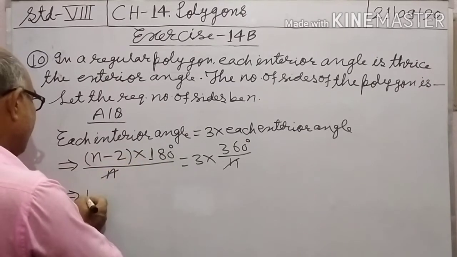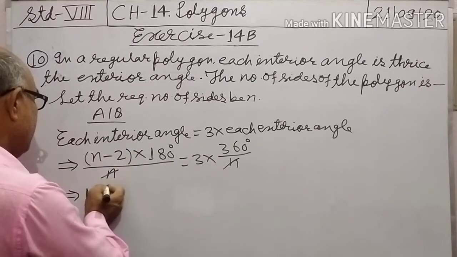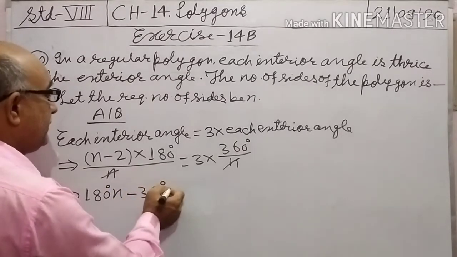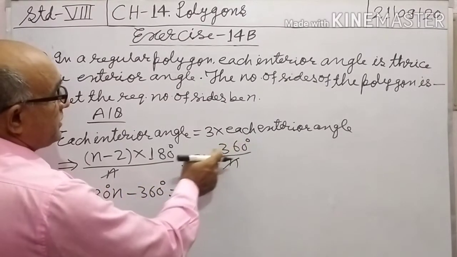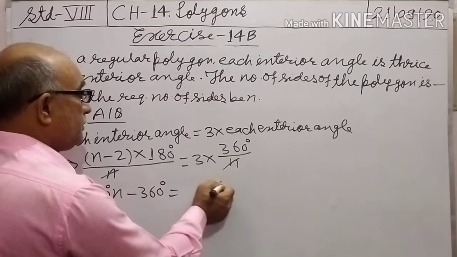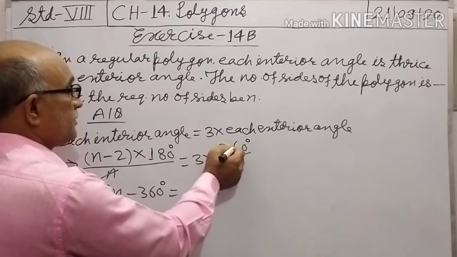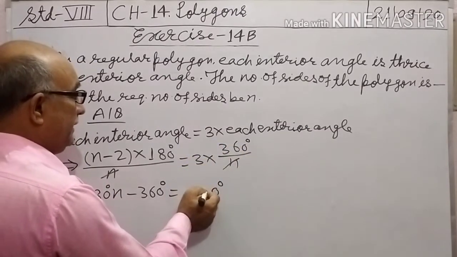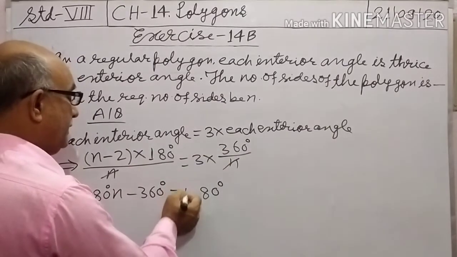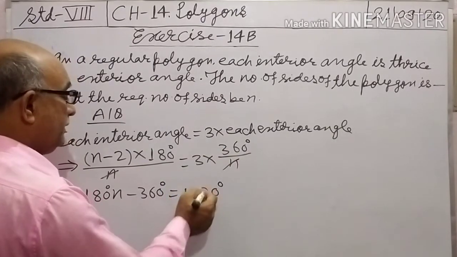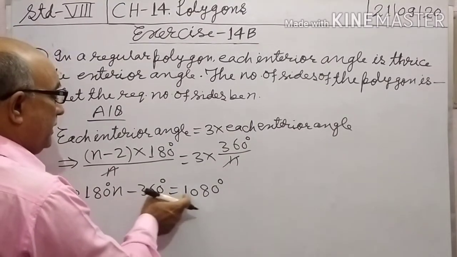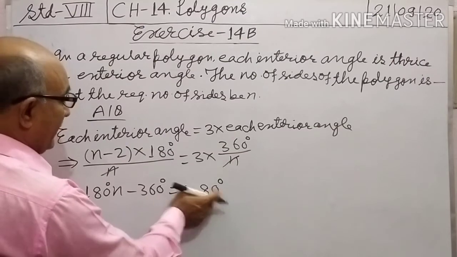Now remove the bracket. N into 180 degree, so 180 degree n minus 360 degree equal to 360 degree multiplied by 3, that is 1080 degree. 180 degree n minus 360 degree equal to 1080 degree.